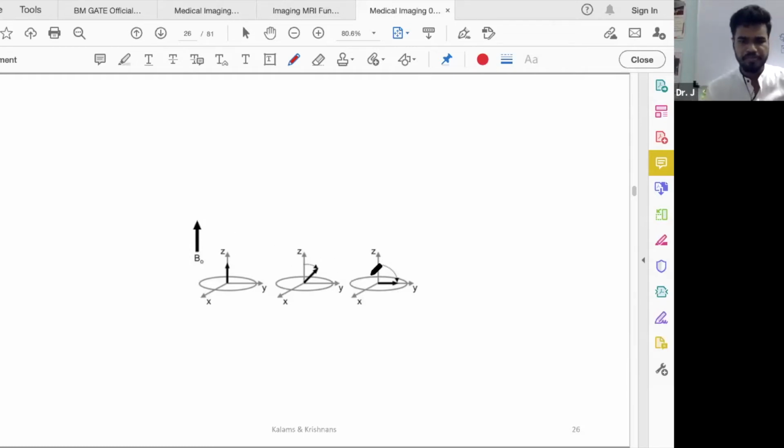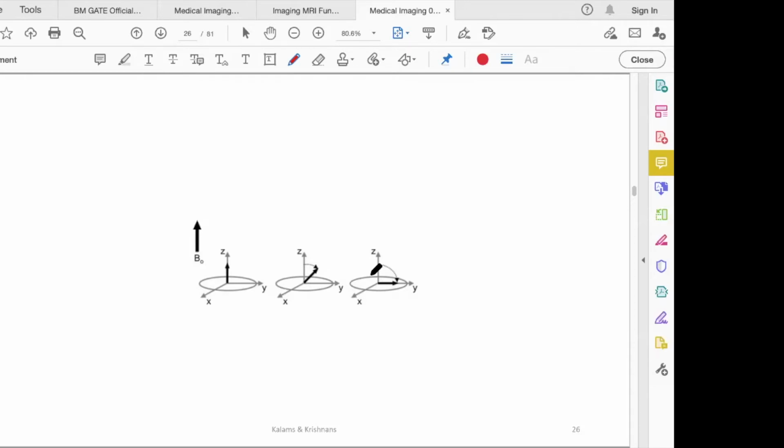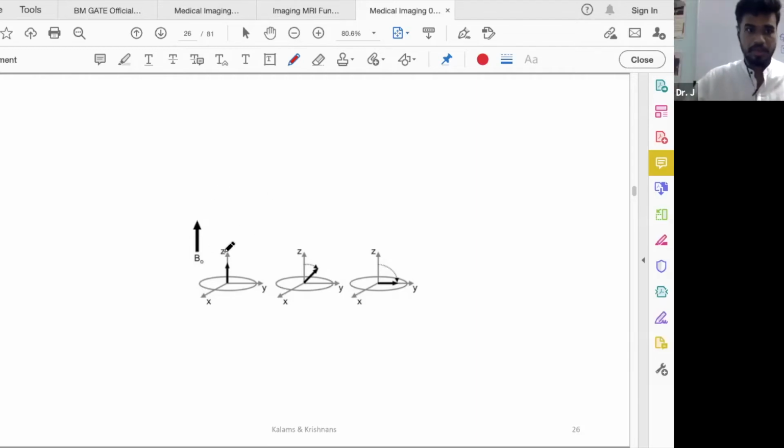Why does that happen? Due to application of a radio frequency pulse, sir. Yes, RF pulses. We add a radio frequency pulse to the object we are imaging, which tilts the net magnetization towards the transverse plane, as shown here.